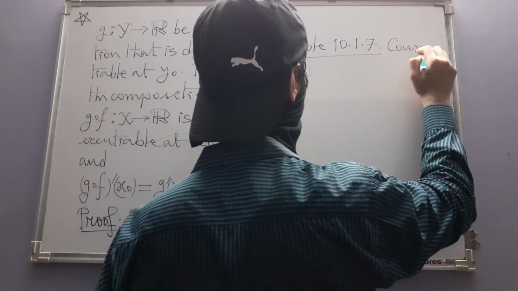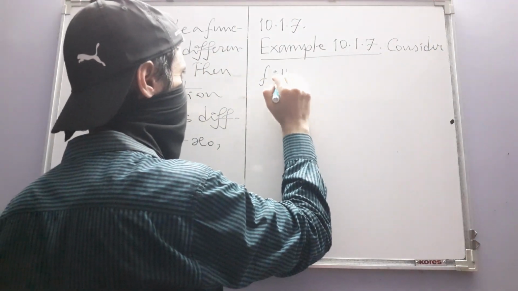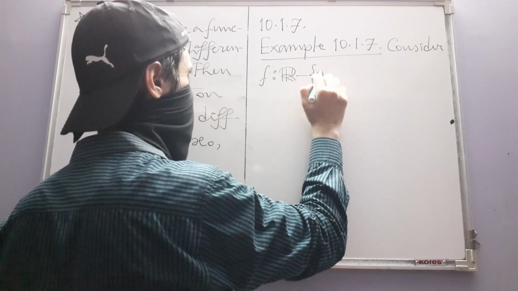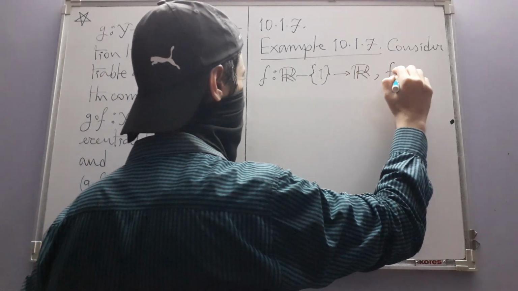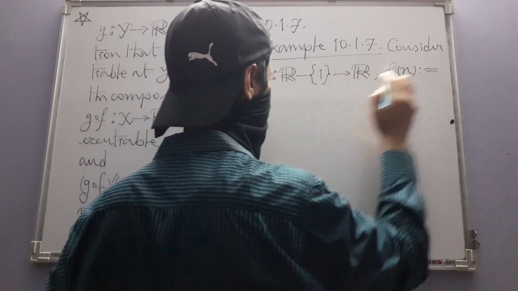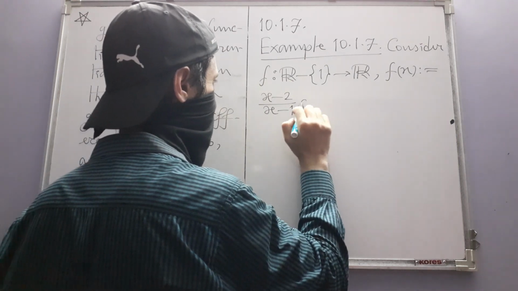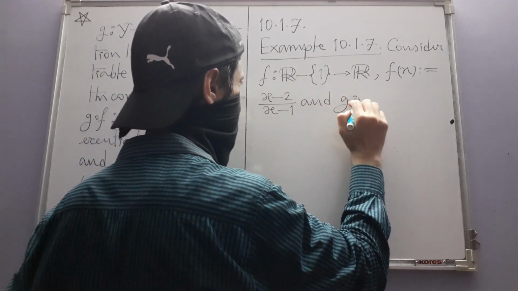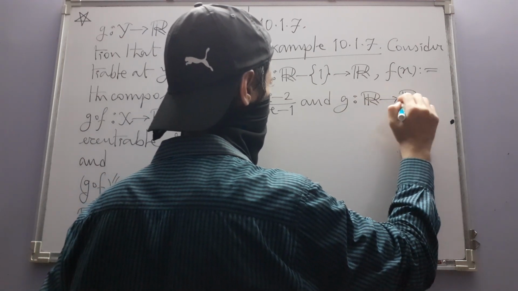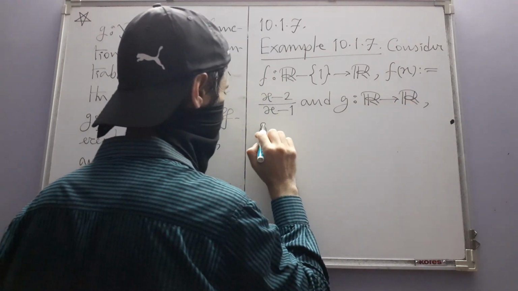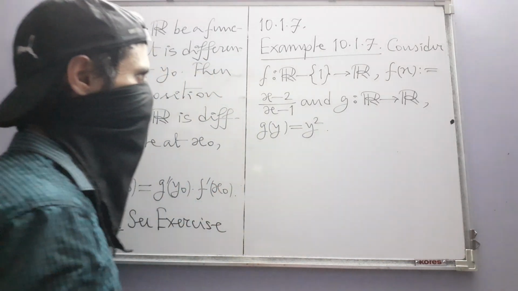Consider the function f, which of course is given by this rule, and another function g, and the rule for g is simple, g is just the square function.